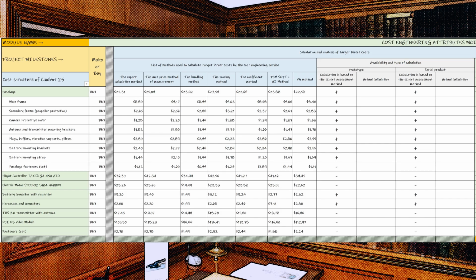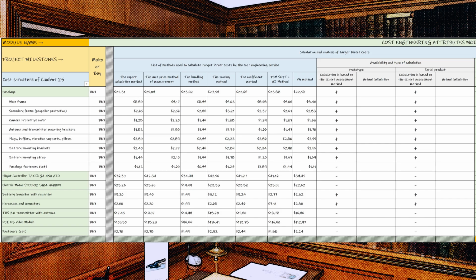In general, the block's list of methods used to calculate target prices by the cost engineering service is a kind of buffer or sanitary zone for target prices of individual components, in which there may be values that are not quite adequate to reality, values related to the specifics of the methodology used to calculate target direct costs, which, however, do not end up in the BOM.